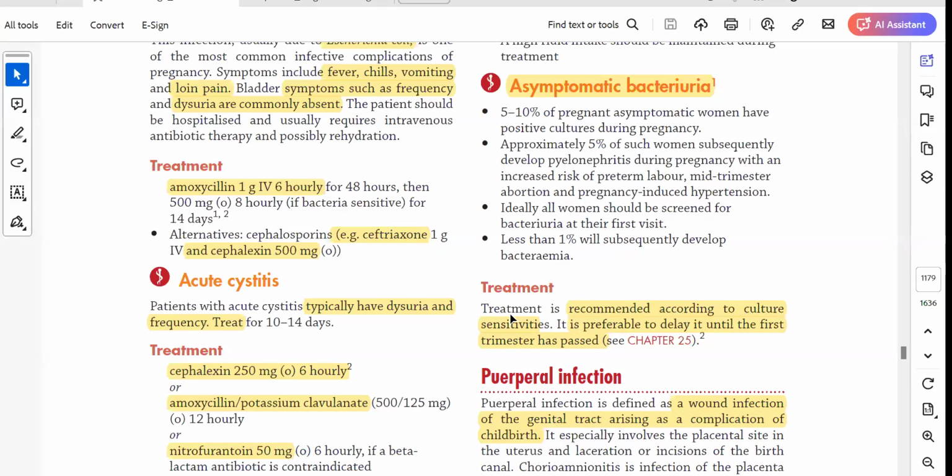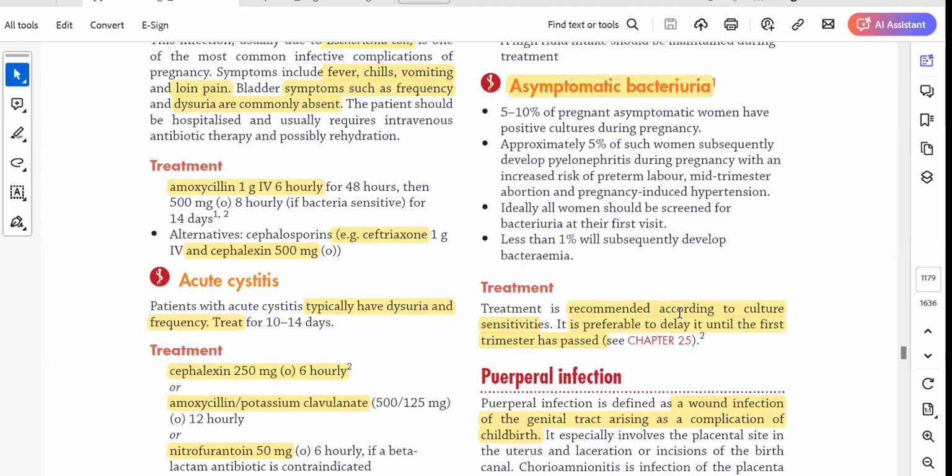So 5 to 10% of pregnant patients will have this kind of asymptomatic bacteriuria. Among them, 5% subsequently can develop pyelonephritis. That's why this is the only time we are going to treat an asymptomatic patient. So the only time you treat asymptomatic bacteriuria is when the patient is pregnant.